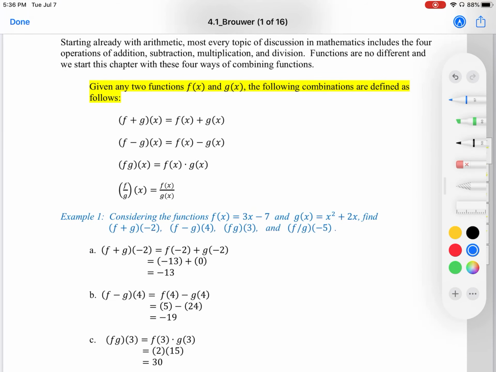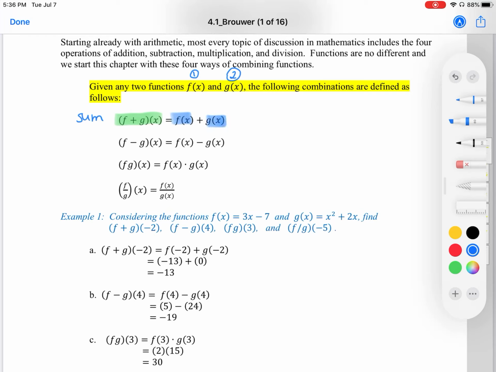Given any two functions, say f of x and g of x, the following combinations are defined as follows. So first we have the sum, and in a sense, this is our shorthand. And what this means is we're going to take each function separately and add them together.